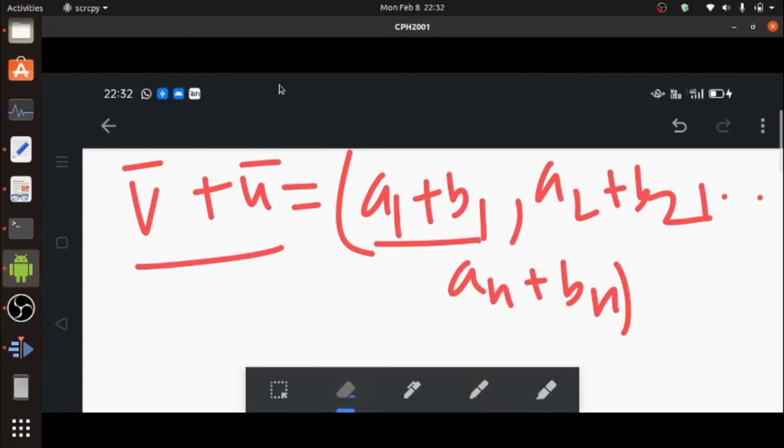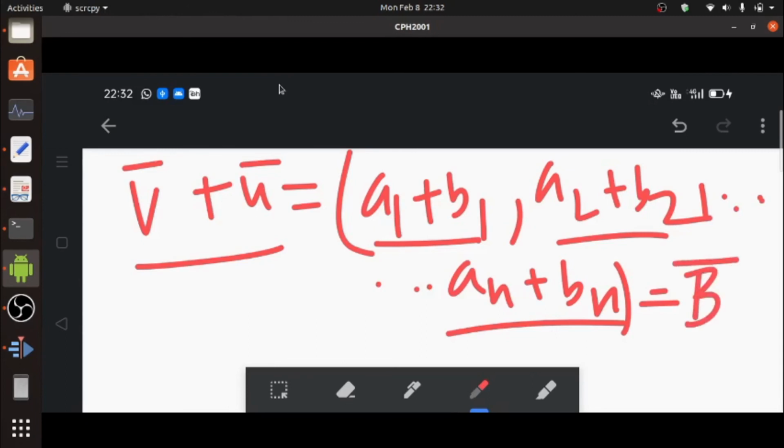So A1 plus B1, A2 plus B2, all these are real numbers, and this whole list of additions is another vector, let's say P bar. So the sum of two vectors is also another vector.